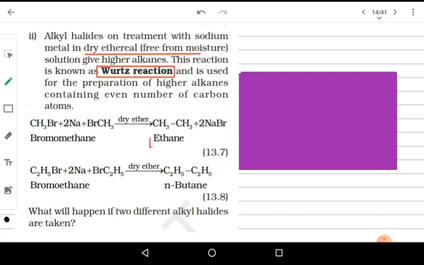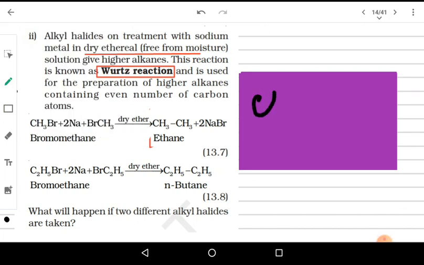How can we prepare alkanes from Wurtz reaction? Now, what is Wurtz reaction? In Wurtz reaction, we are going to take two molecules of either the same alkyl halide, or two different alkyl halides. So case 1, let us take the same alkyl halide.